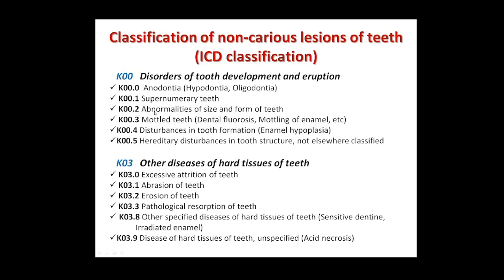Point 2, abnormalities of size and form of teeth. Point 3, mottled teeth like dental fluorosis. Point 4, some enamel hyperplasia. Point 5, hereditary structure disorders.